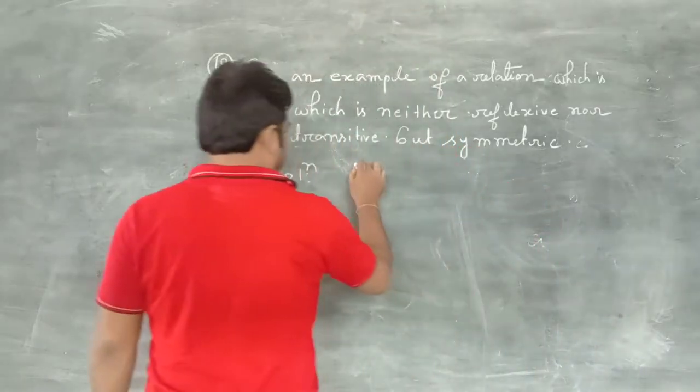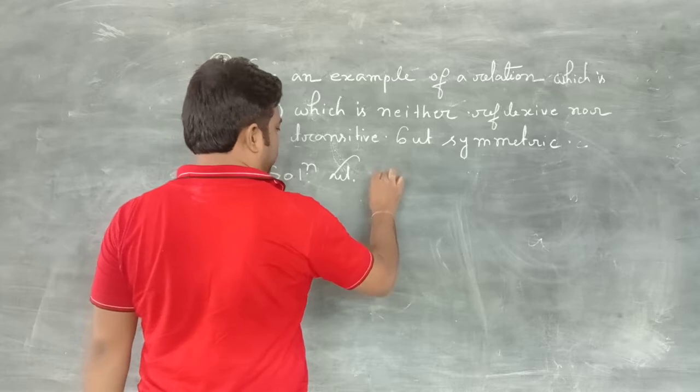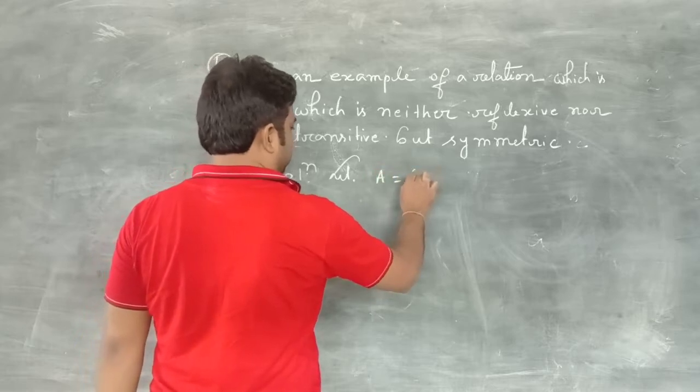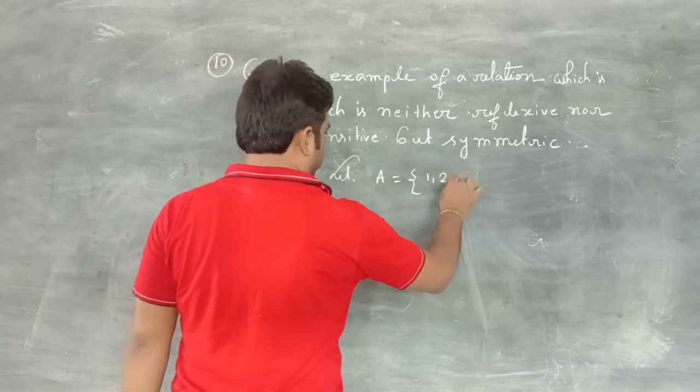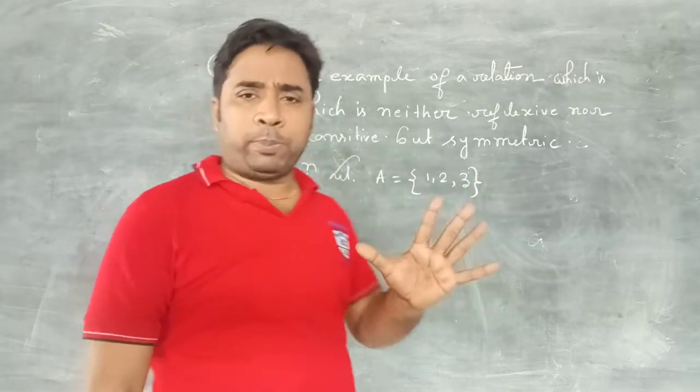So let A equal to this one. I have considered the set {1, 2, 3}. Okay, so the first part is finished.